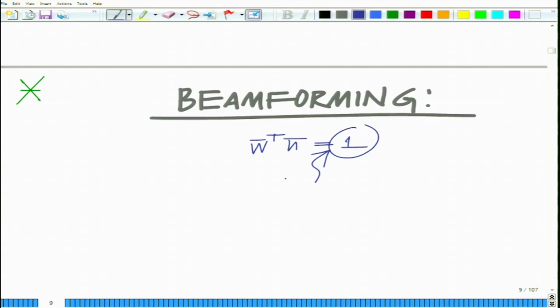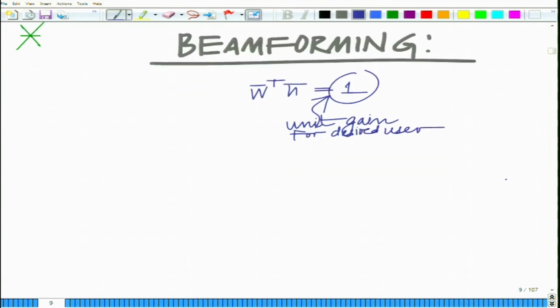This is unit gain for the desired user, or unit gain for the signal. That is what we said: the signal gain is to be unity, and minimize the noise power.